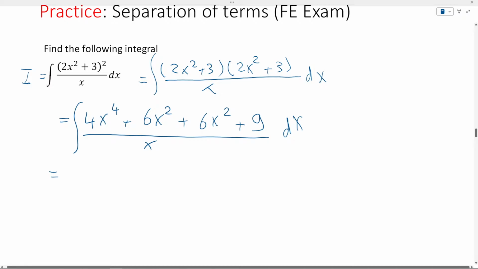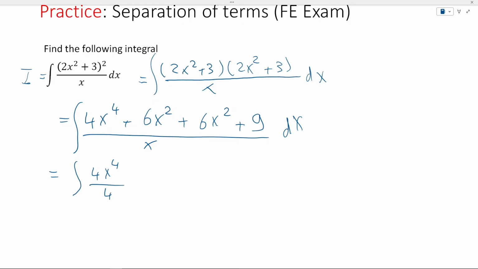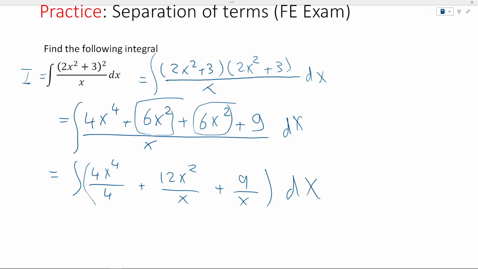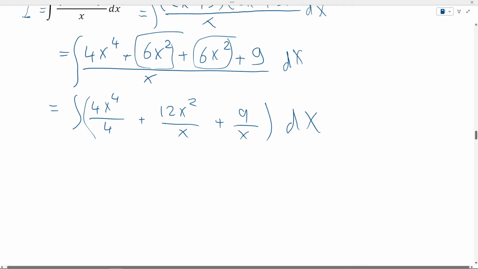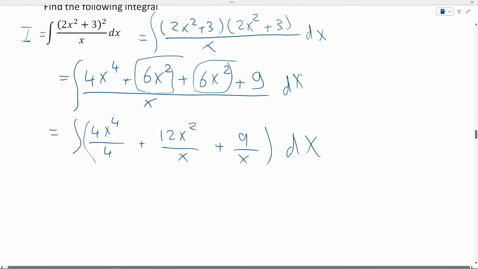So that is equal to 4x to the power 4 over x, plus I can add this with this, so that is 12x squared over x plus 9 over x dx. Now this is something that I can do.